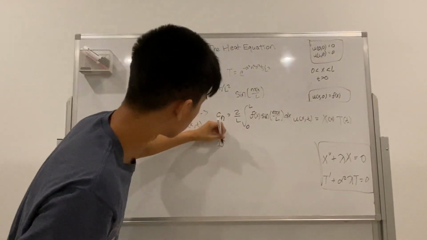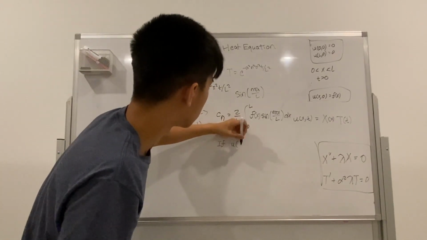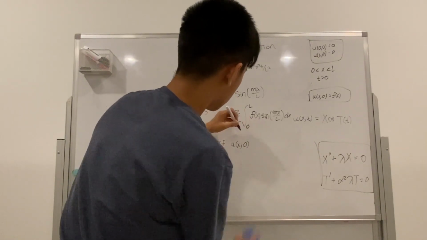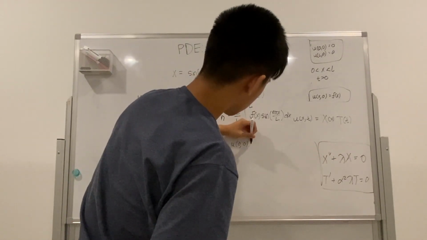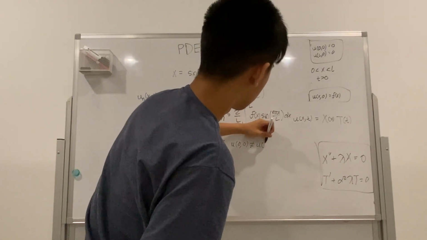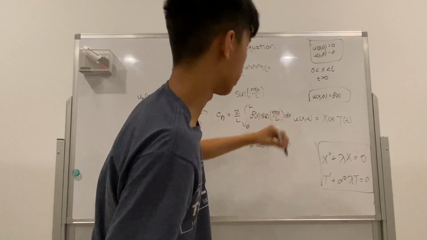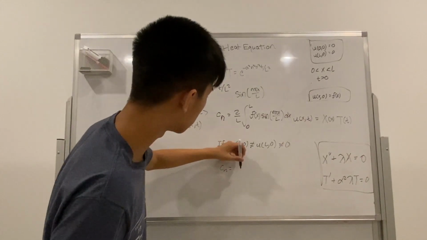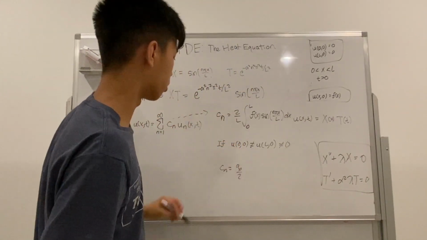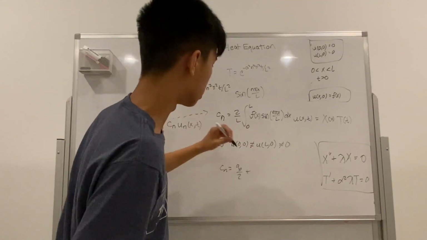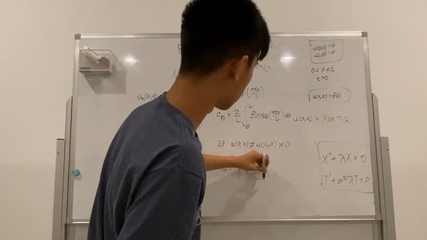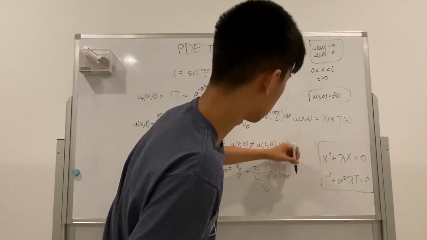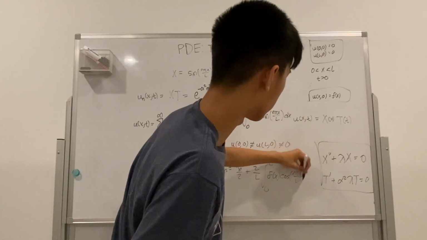So if u of 0, t does not equal that, and it doesn't equal 0 either, well, then it comes in a different form. c n is equal to a constant alpha 0 over 2, which I'll tell you what it is in a later video, plus 2 over L times the integral of f of x cosine n pi x over L dx.